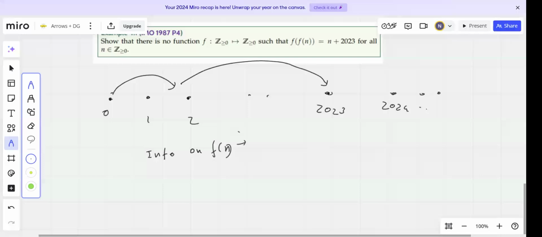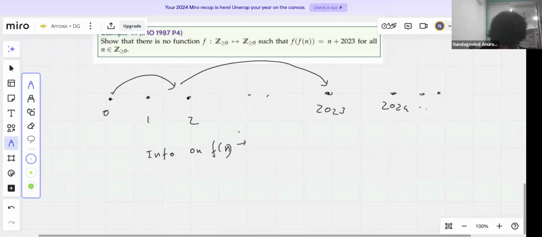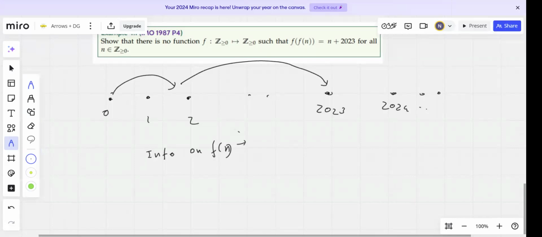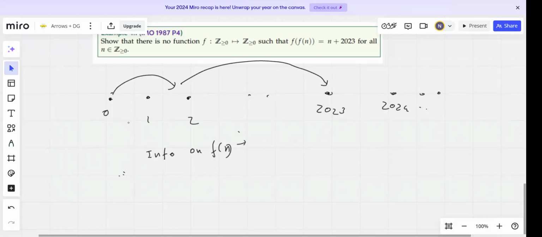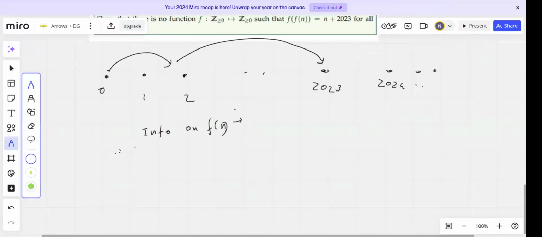F cube of n equals f of n plus 2023. Oh, wait, can you speak a little bit louder? I'm so sorry, I didn't hear what you just said. F cube of n equals f of n plus 2023. Can you repeat? Actually, f applied 3 times equals f.